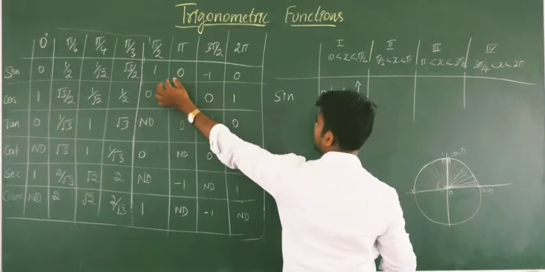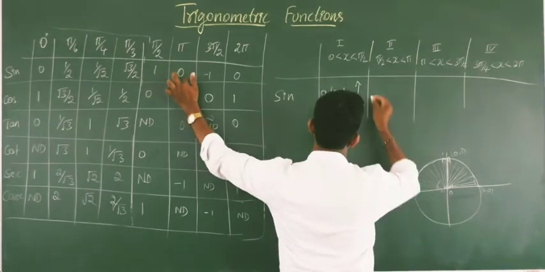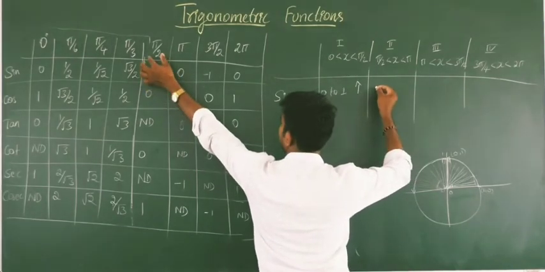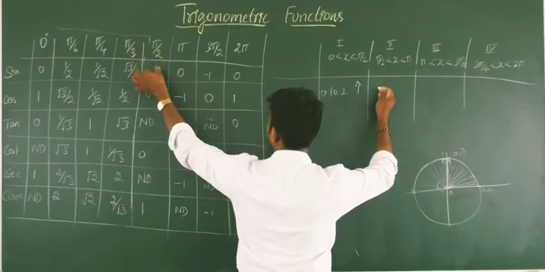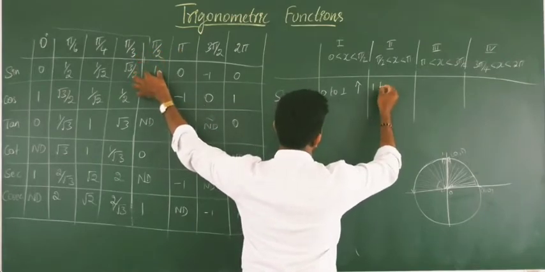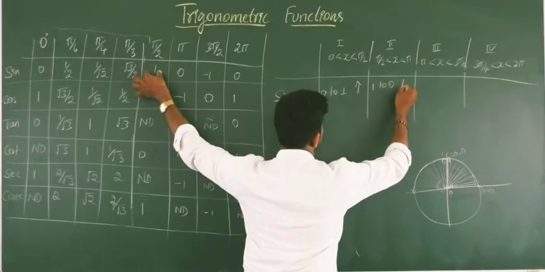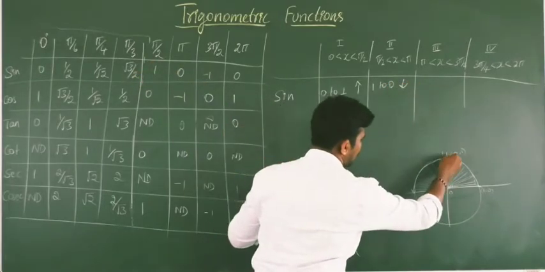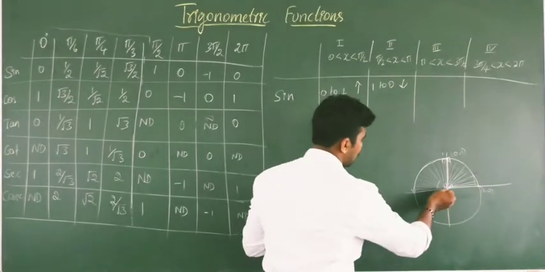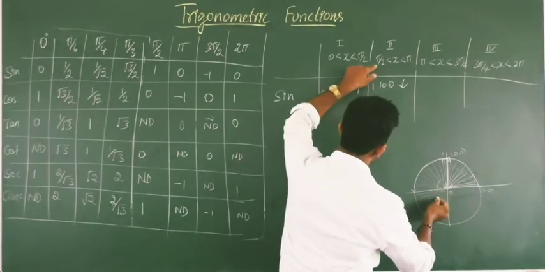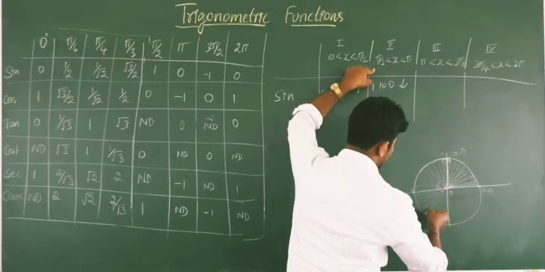When you take the central angle from pi by 2 to pi, the value of sine goes on decreasing from 1 to 0. Decreased. And then again in the third quadrant, you take the angle from pi by 2 to pi.